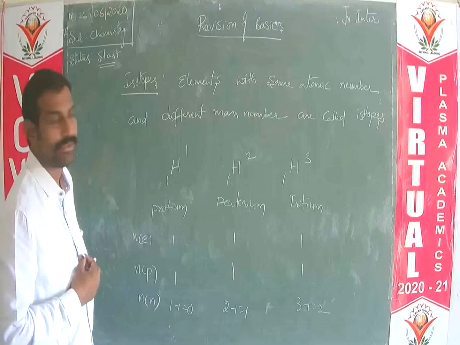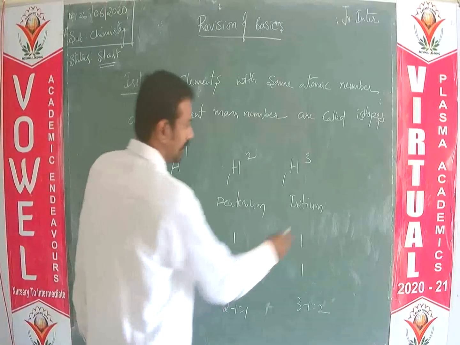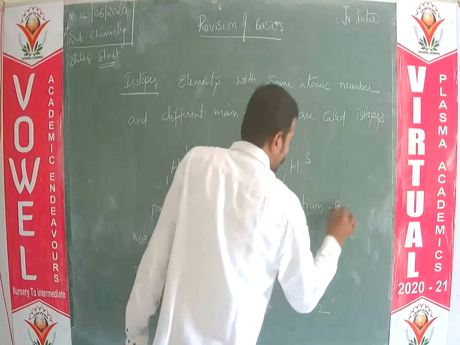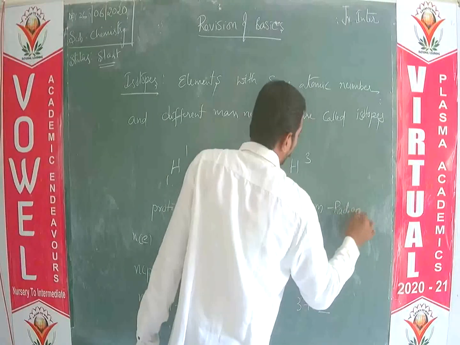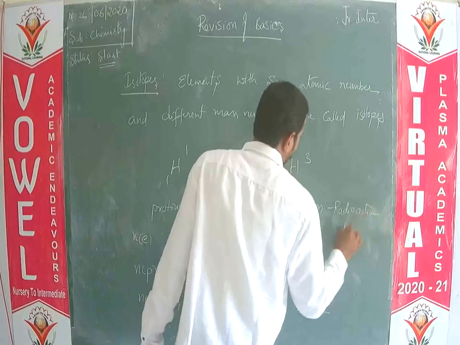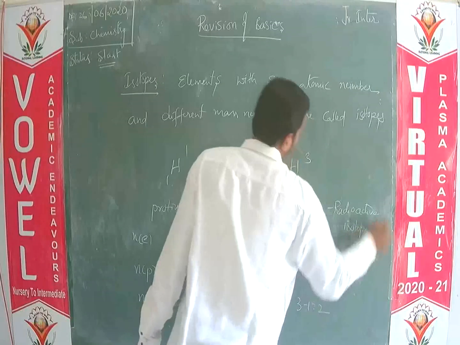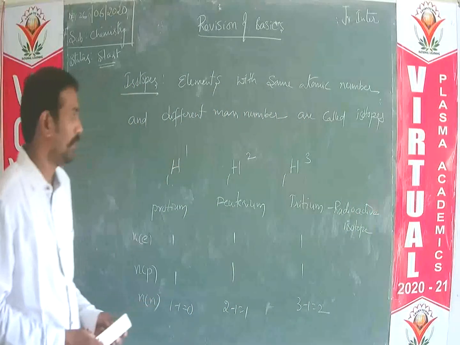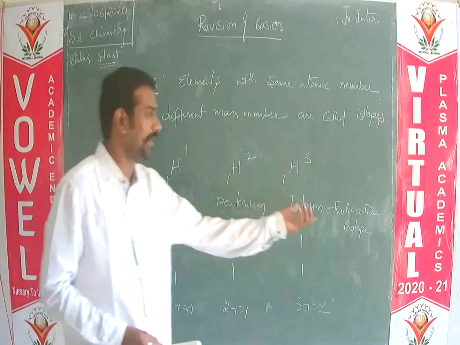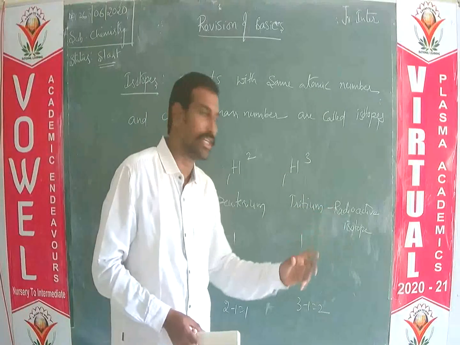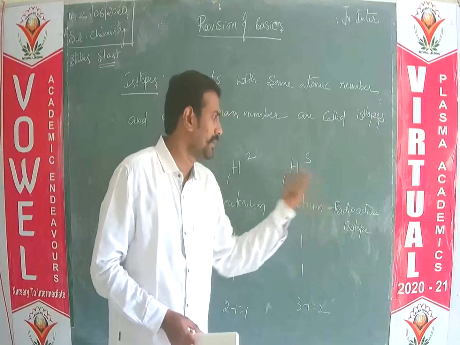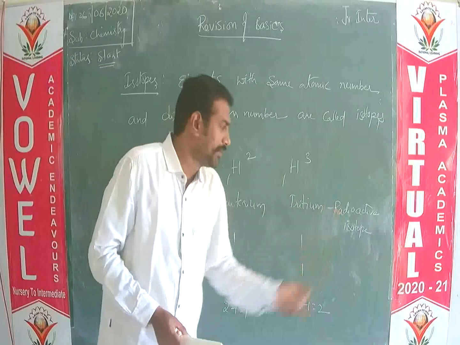Here this tritium is a radioactive isotope of hydrogen. We will discuss the radioactivity of hydrogen in a later session, so just remember that tritium is a radioactive isotope.